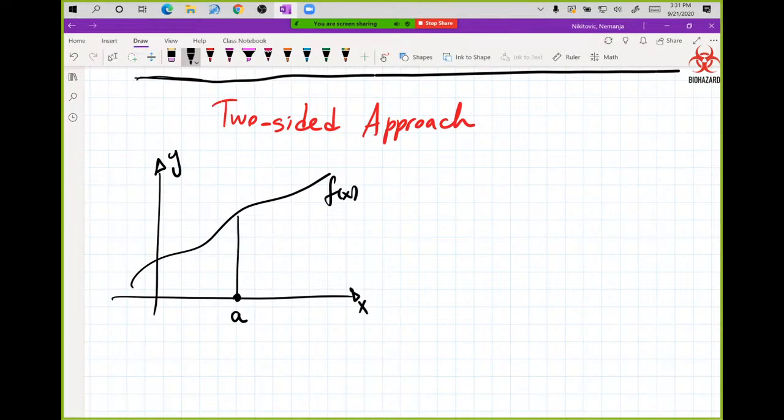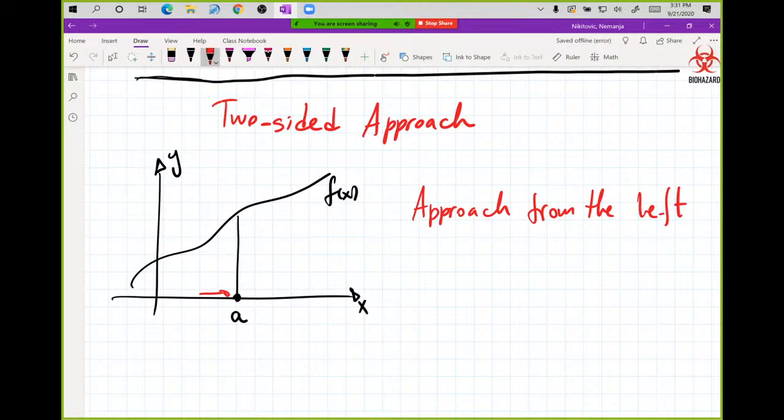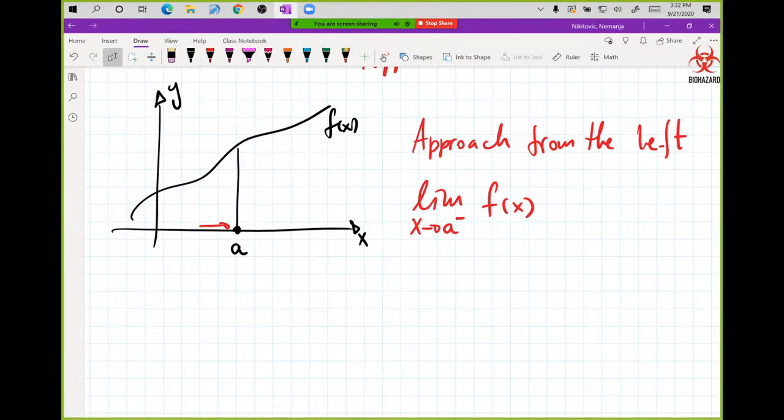We are going to have the approach from the left, and that's going to be the limit as x goes to a minus of f of x. This minus is like a superscript. That's the approach from the left.